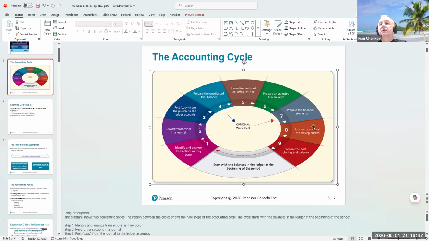And the last thing left for chapter 4 is to prepare the closing entry. I like the pace we're going. I know we're going a little bit slower than the planned pace, but I feel that you understand accounting better now.